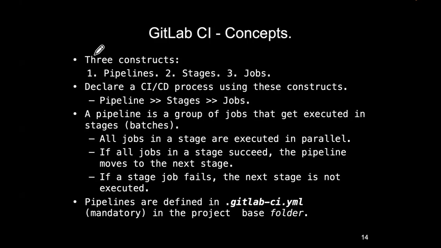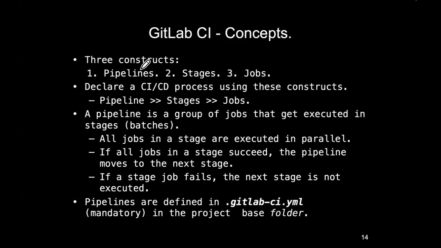Okay, so we want to be able to describe a CI pipeline. We know now that that description is going to be written in YAML. And in terms of that YAML code, there are essentially three constructs that we talk about when we're describing a pipeline.